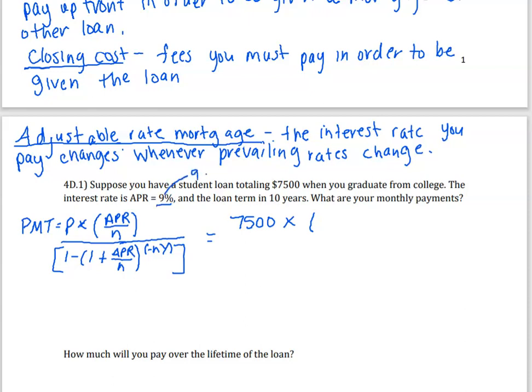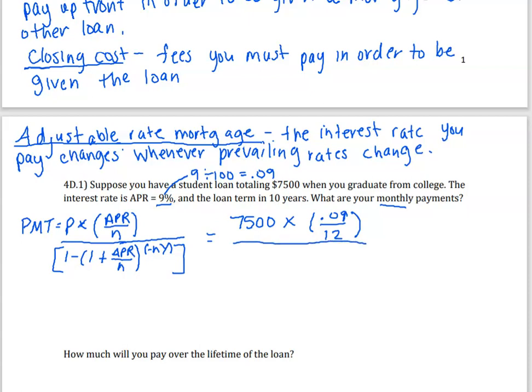So you would need to do 9 divided by 100 and change that to a decimal, 0.09. So we would put 0.09, that's our APR, and over 12, because they said that we're making monthly payments. So the number of times it's going to happen per year, we're going to pay 12 times a year.